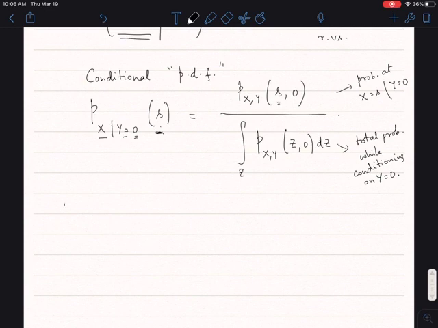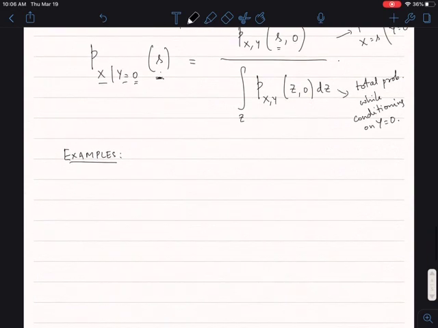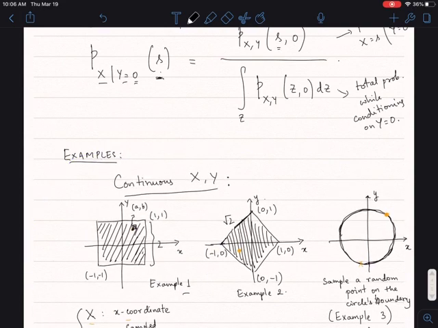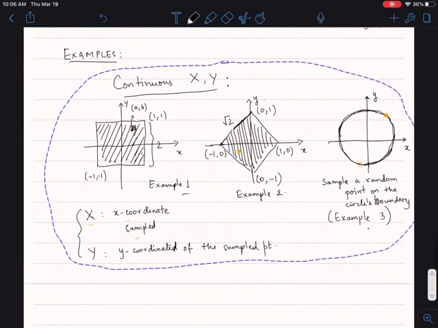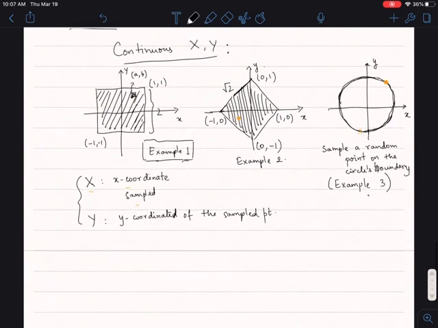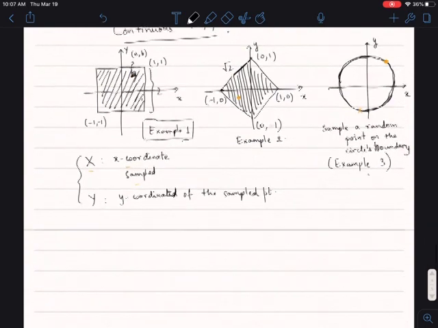Okay, so I have my examples. All right, so let's look at example 1 for now. Example 1 is the easiest of the lot.